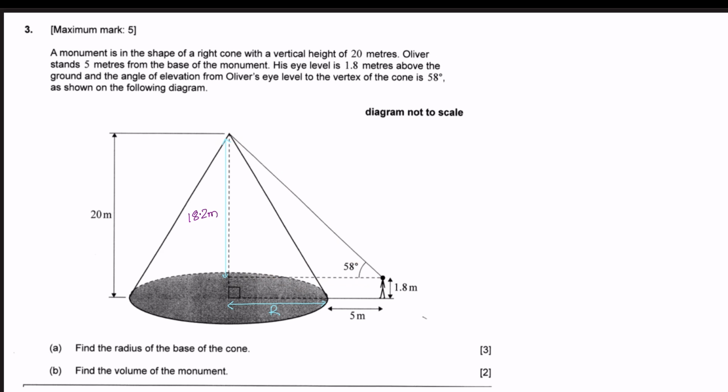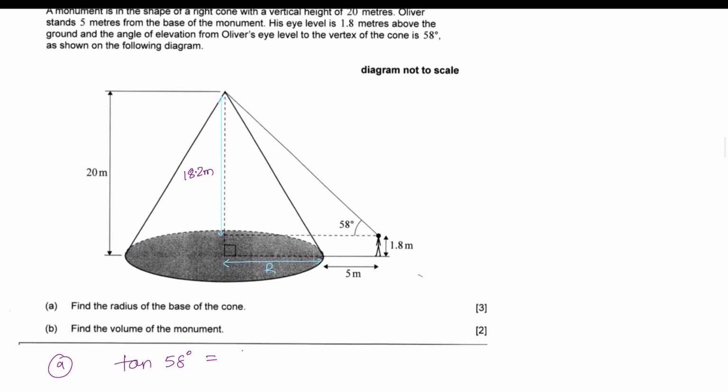So tan 58 degrees is opposite over base, right? 18.2 is opposite and the base is this one. Let's say this base is x for now. If I use a calculator, x would be 18.2 divided by tan 58, which on simplification is 11.37.